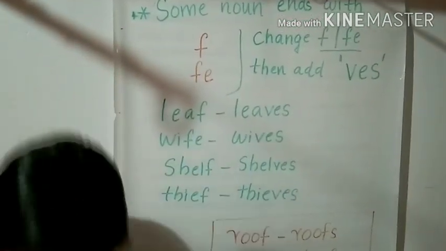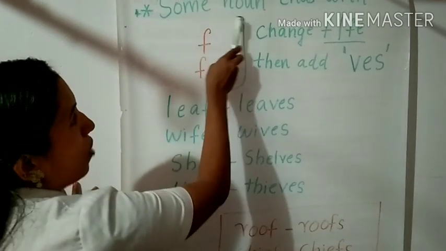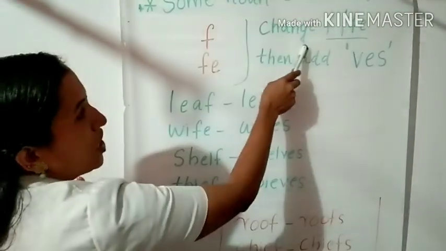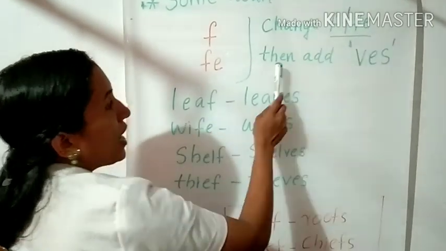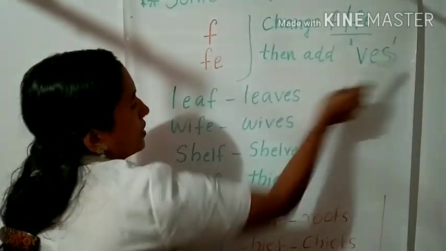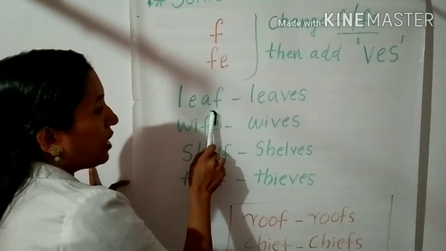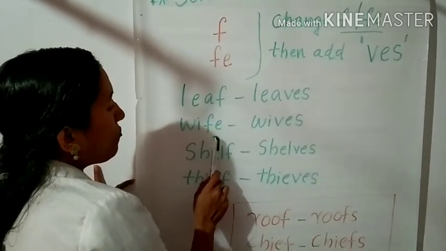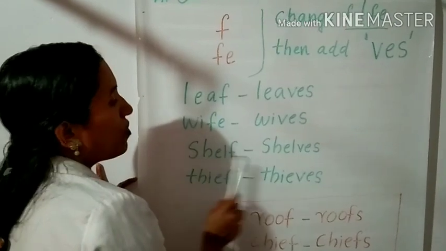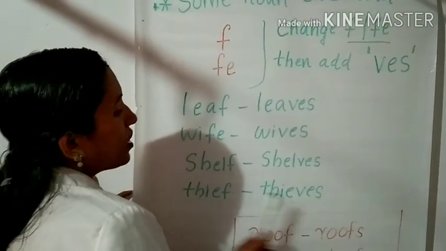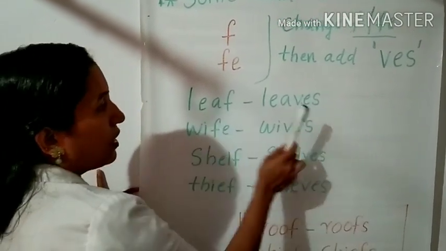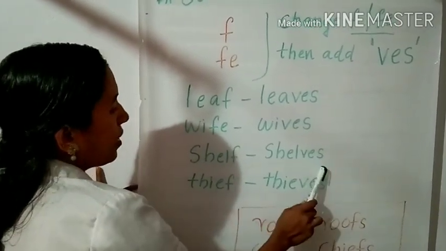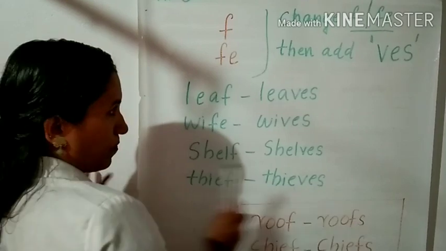For example, leaf, leaves. Wife, wives. Shelf, shelves. Thief, thieves.